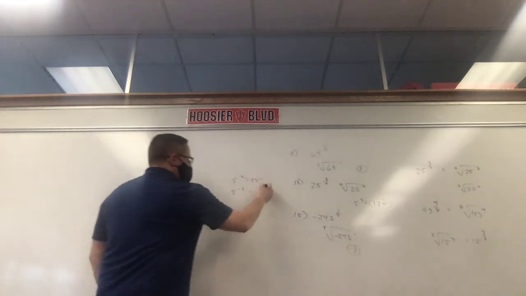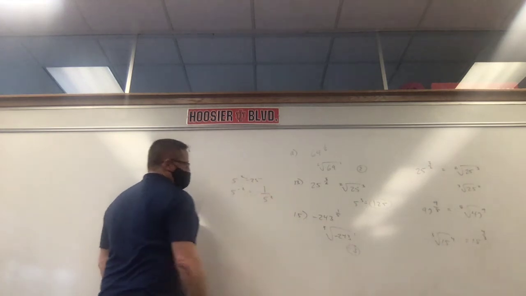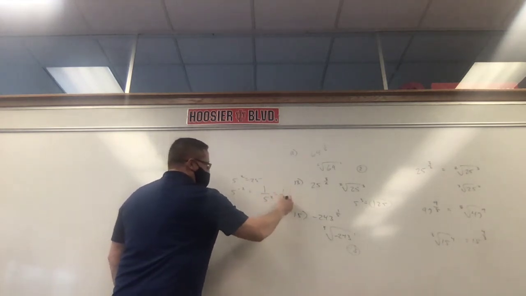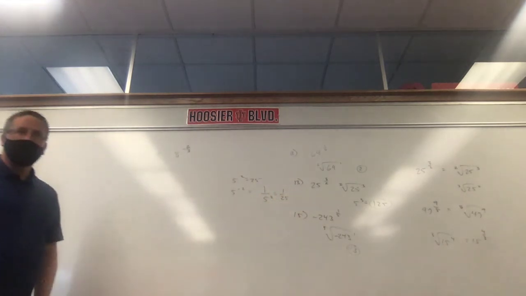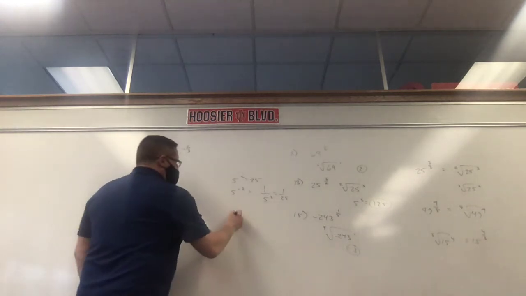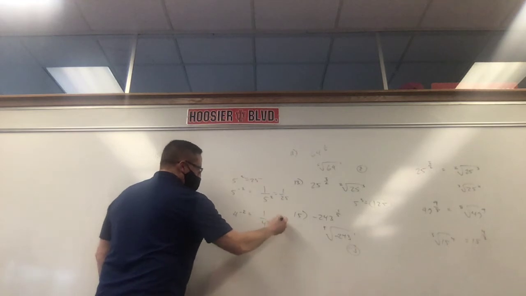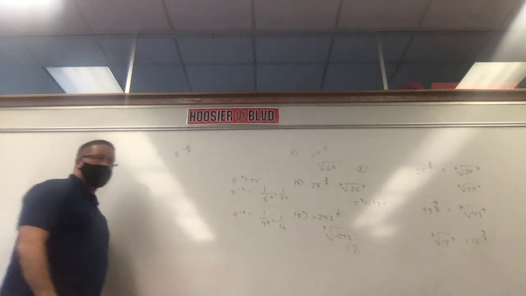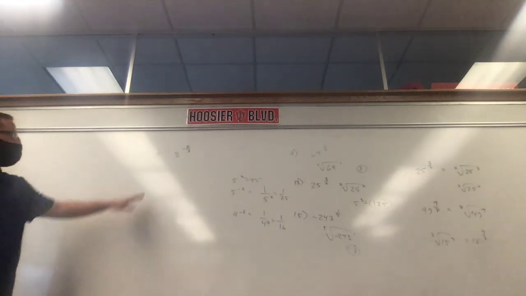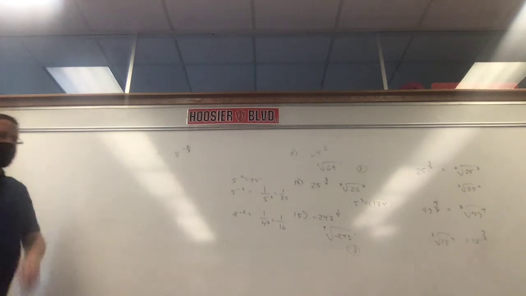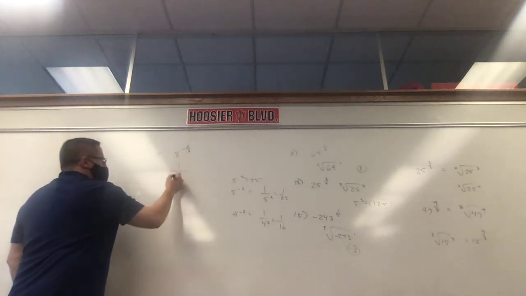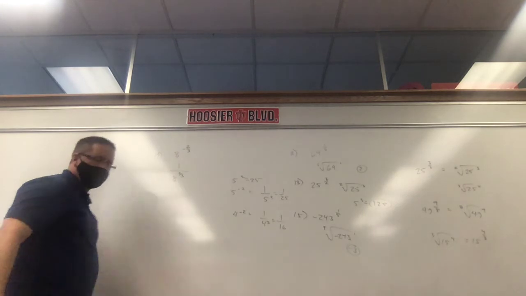It's 1 over 5 to the second, so it's 1 over 25. If I gave you 4 to the negative second, that's the same as 1 over 4 to the second, so 1 over 16. Okay? So let's rewrite 8 to the negative 2/3. That's the same as 1 over 8 to the 2/3.